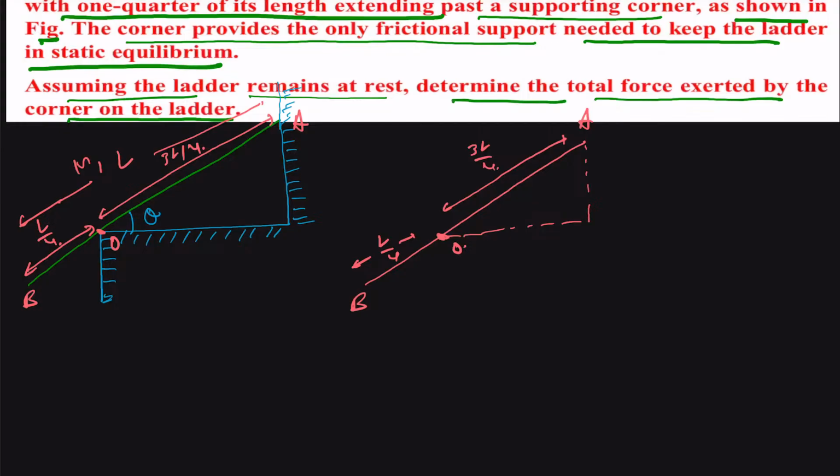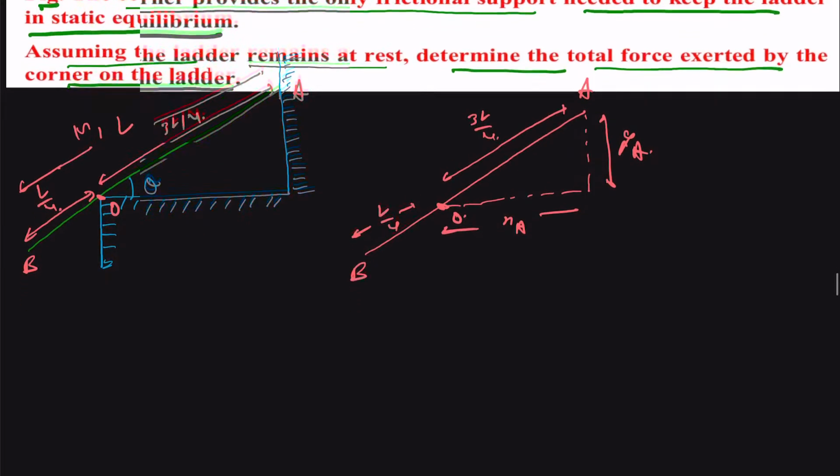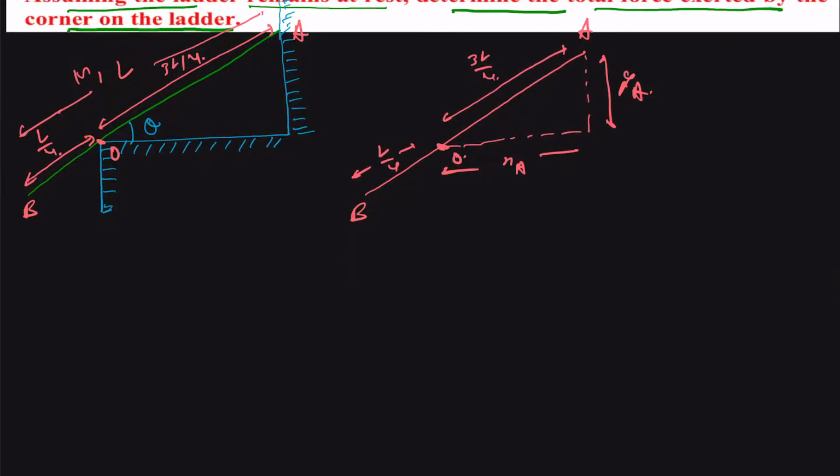Now we can write the position of A in terms of its coordinates. This is our XA, and the height of this point A is our YA.